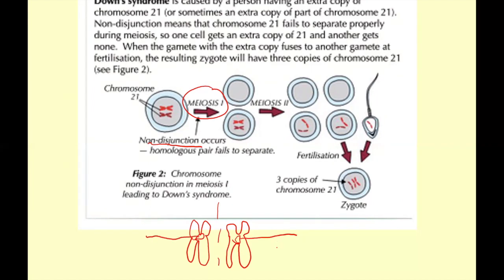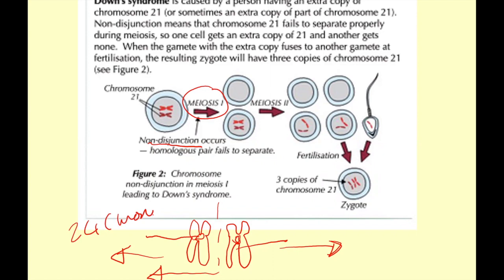Those spindle fibers contract, and the whole chromosome goes to the other side. Now the question is, what if in this case the spindle fibers do not connect with the centromere? Okay, this contracts, there's no pull of the chromosome to this side. We can end up with one side having 24 chromosomes, okay, and the other side would end up with 22 chromosomes.